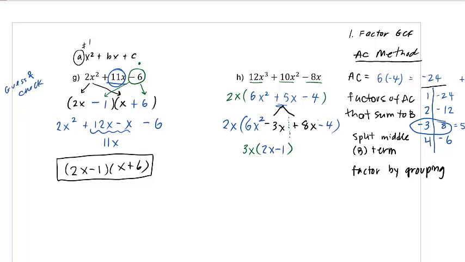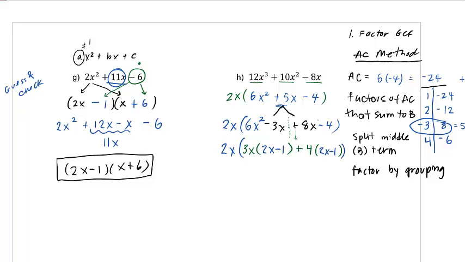From the next 2 terms, I can see I have 8x and minus 4. I'll take out a positive 4 from those two, since 4 is the GCF of those 2 terms, and I keep the sign of this number. So that leaves me with a 2x minus 1 again, and then don't forget that all of this is still multiplied by the GCF.